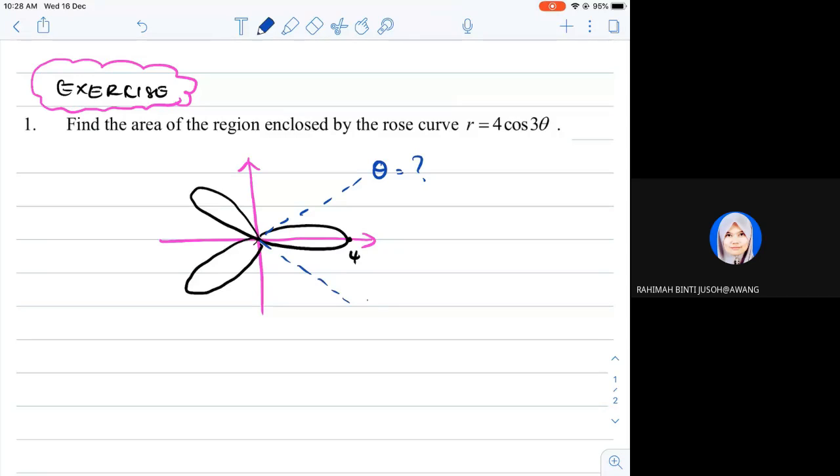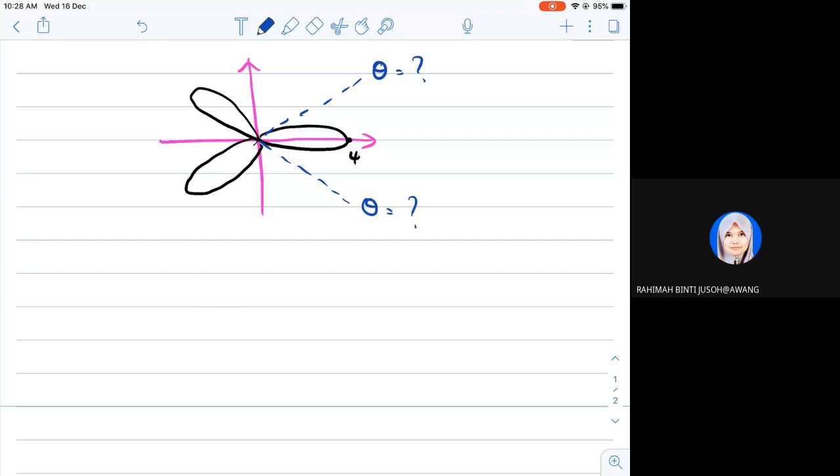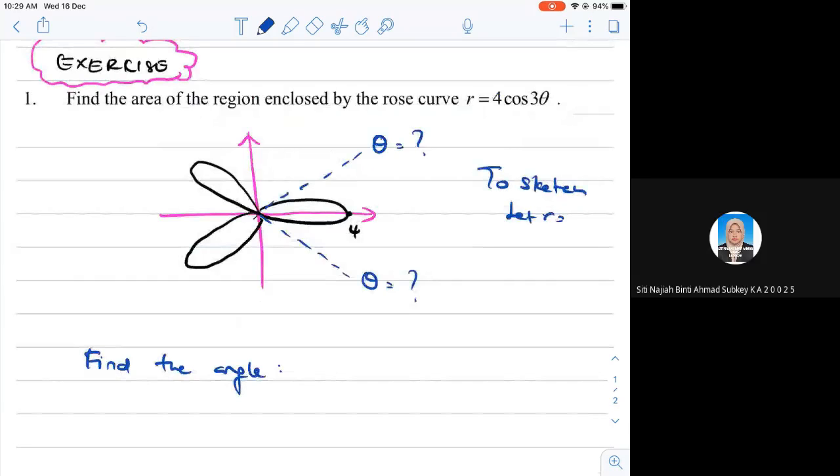We need to find the angle that bounded for 1 petal. Before this, in chapter 1, to sketch, you let r equals to the length of petal, right? Let's say in this case, r equals to 4.